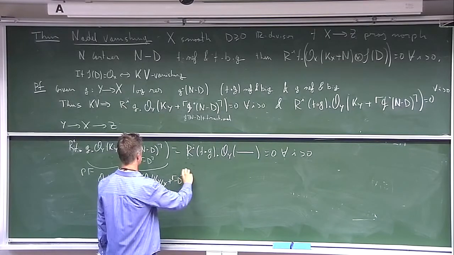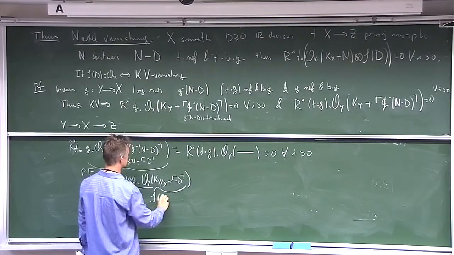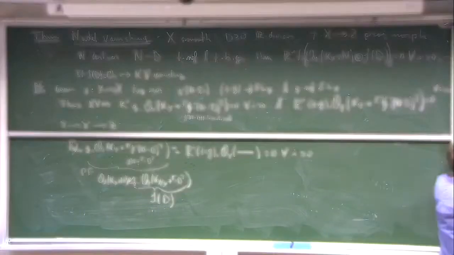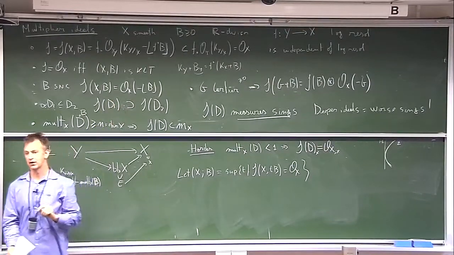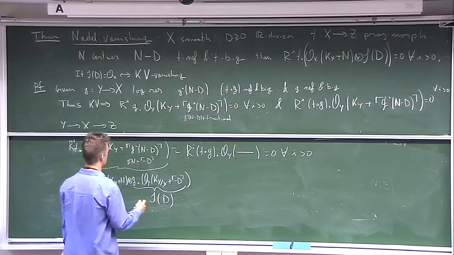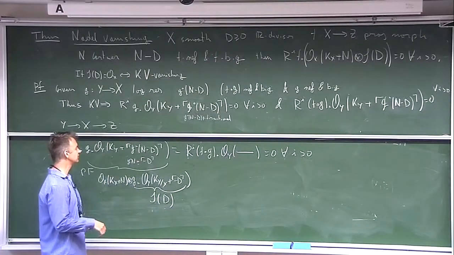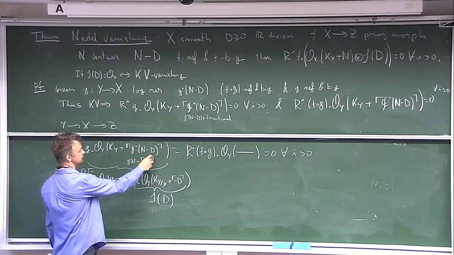And hopefully, this matches my definition of the multiplier ideal sheaf of D, which I hopefully haven't erased. Oh, it looks slightly different because I have minus the round down of the pullback. But you see, that allows me to discover my typos. So first of all, I had a G upper star, which I didn't distribute.